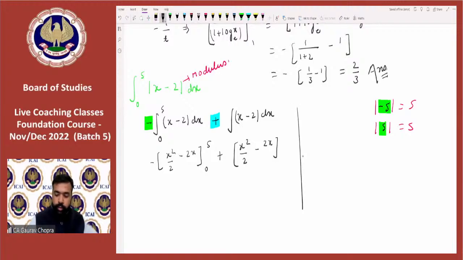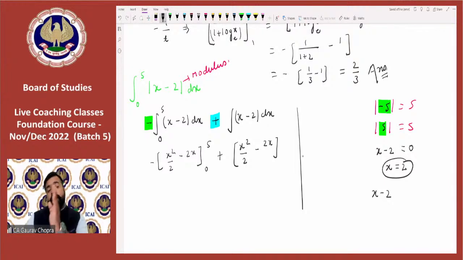Since the function is x minus 2, we can equate this with 0. Then what is the value of x? x is 2. Now, if we substitute any value below 2, the result will be negative. If we substitute 1, the result is negative.